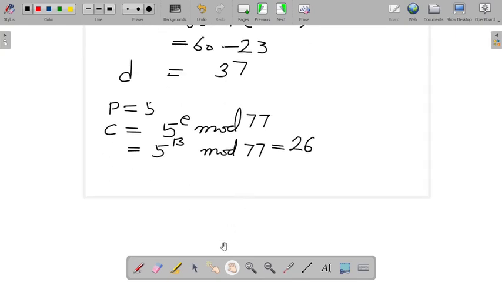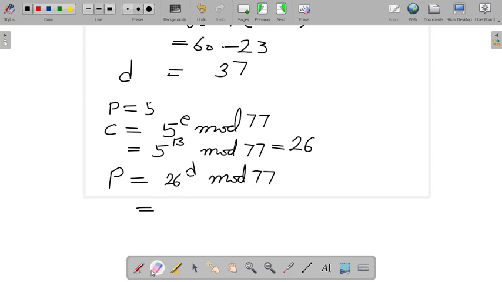Now calculate at the other end the plain text at Bob's side. So Bob will use the ciphertext and D mod 77. What is the value of D? Okay, because the C to the power, it is wrong here. Just let me erase it. Okay, C is 26, because in the network it received this.